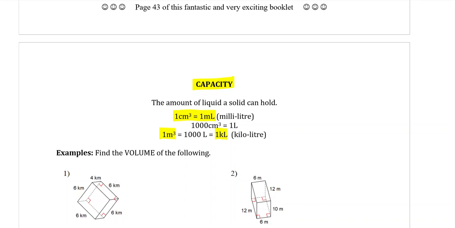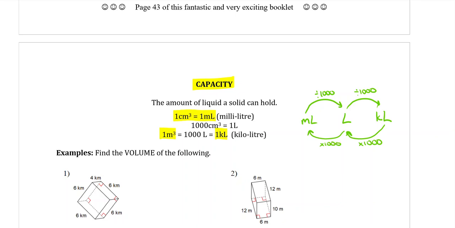If you need to change between your capacity units, we're going to be using millilitres, litres, and kilolitres. They all work in lots of 1,000. So going from millilitres to litres, you divide by 1,000 going this way, and you times by 1,000 if you're going across the bottom.